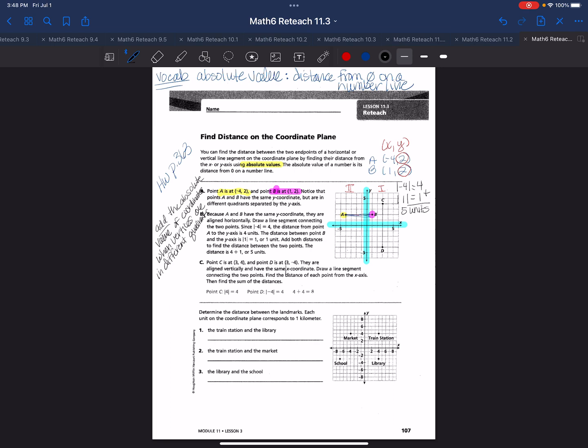So the distance from point A to the y-axis is 4 units. We did that. We add both of these up and we get that they are 5 units. Now we want to do the other side. So we know this side here, this length is 5 units.